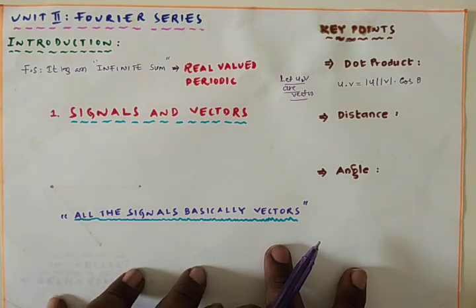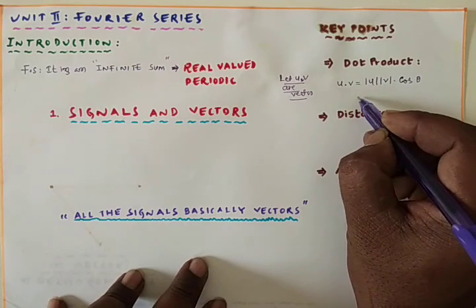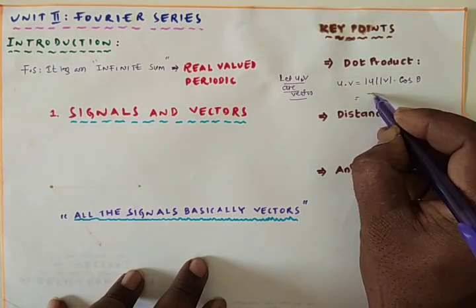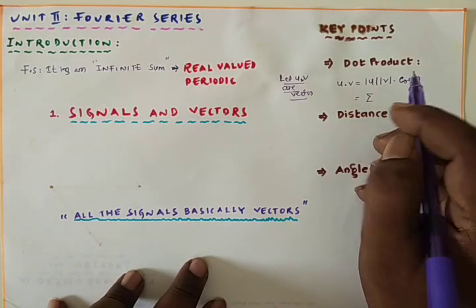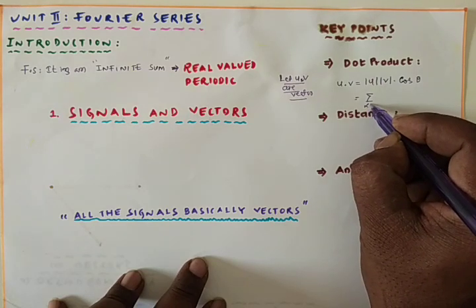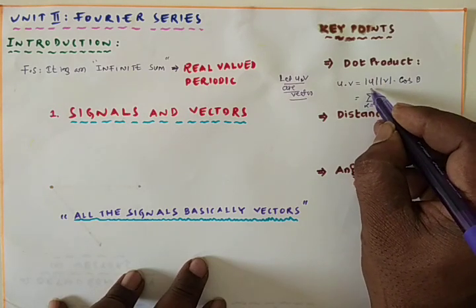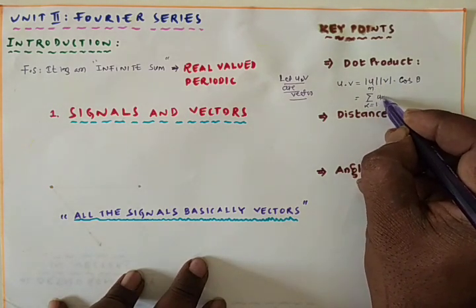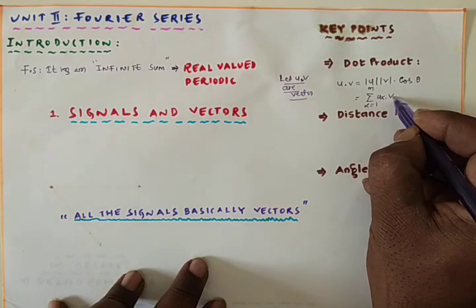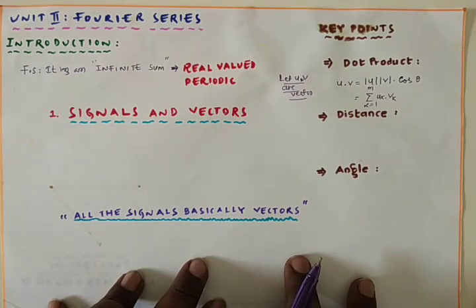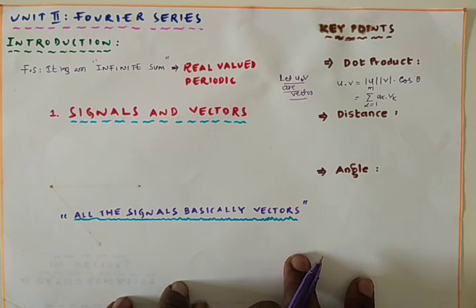We know this point. The other form of this dot product we can write in the form of sigma, that is sigma k equals 1 to n of u_k and v_k, where u is one vector and v is another vector.